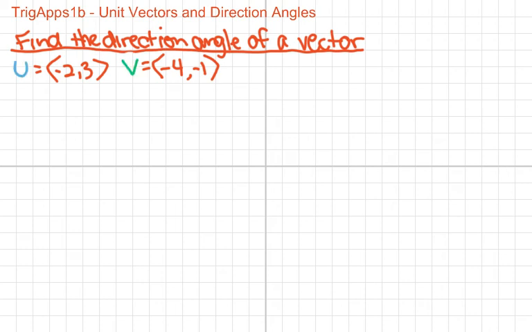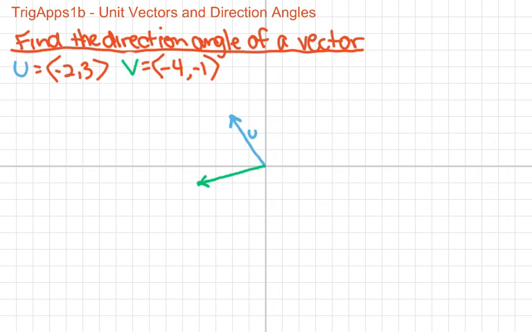I'll just take u and I'll plot u, -2 comma 3. And I'll plot v, -4, -1. And you could plot this in your space as well, but not hugely important at this point.